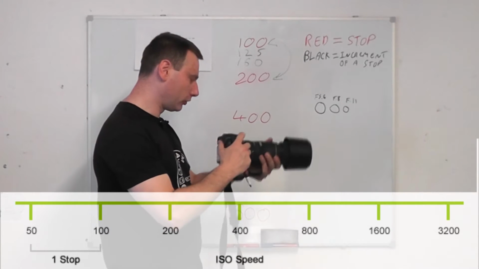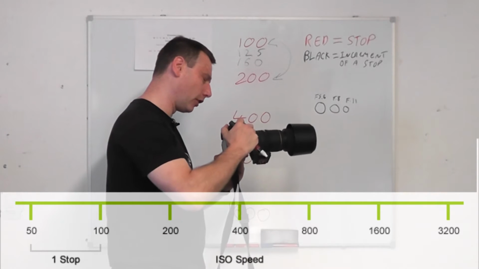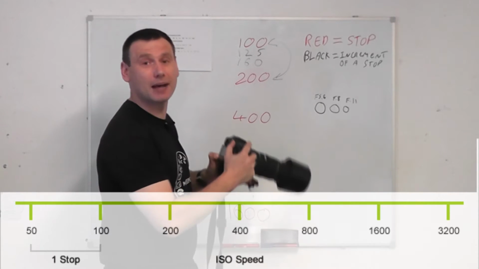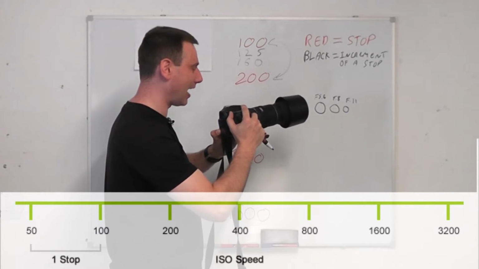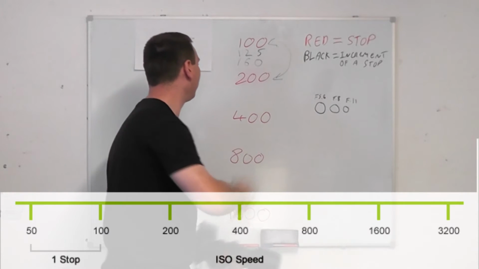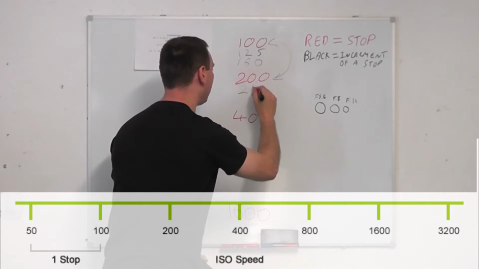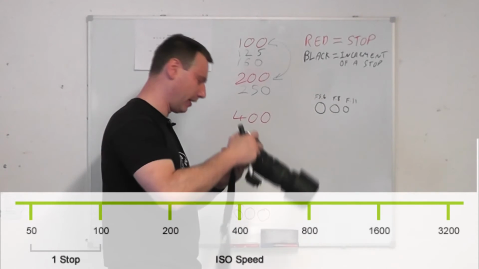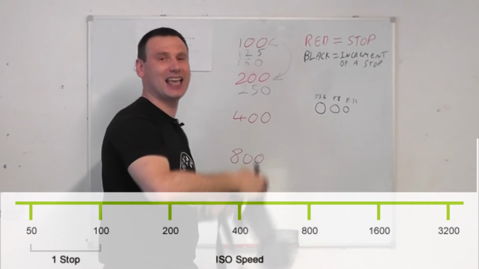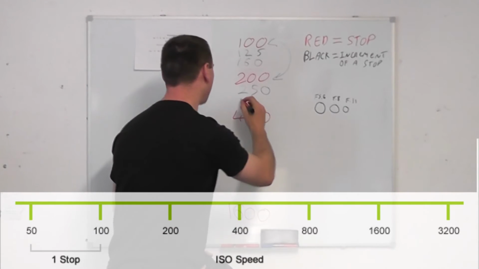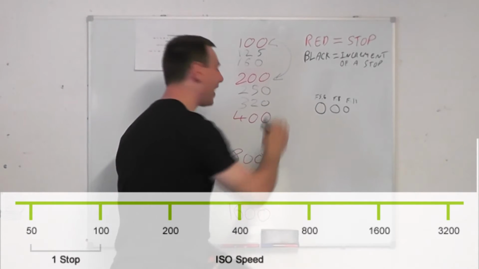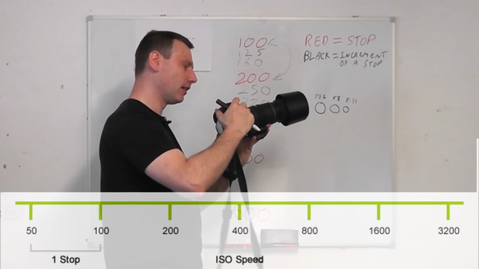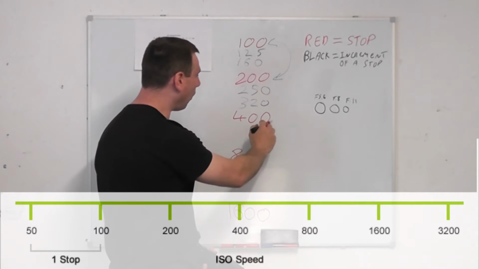So if I just keep moving on and having a look, I've rotated, now I'm at 200. I rotate my ISO, now I get 250. So you see what I mean? I get an increment of 250. If I move it again, I get an increment of 320. And then if I move it again, I get ISO 400.